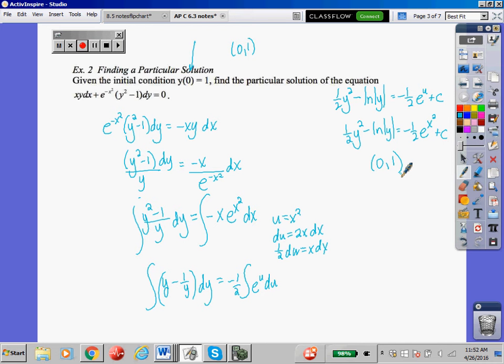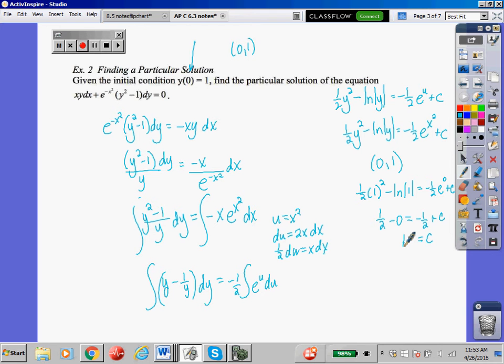But once in a while, it happens like this one where I can't. So this will be 1/2 times 1 squared minus ln of 1 equals negative 1/2 e to the 0 plus c. So 1/2 minus 0 equals negative 1/2 plus c. If you add a half plus a half, that's 1.